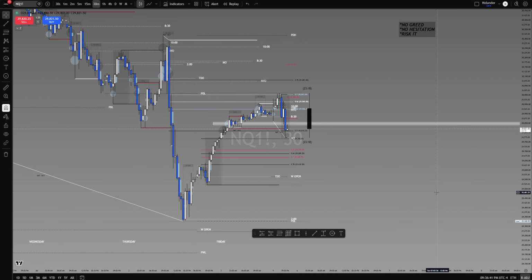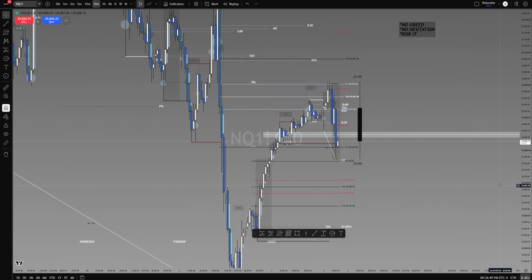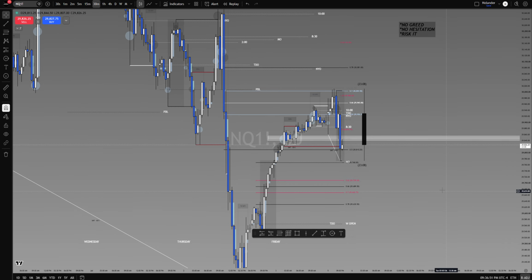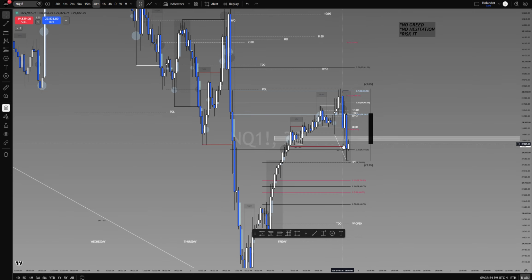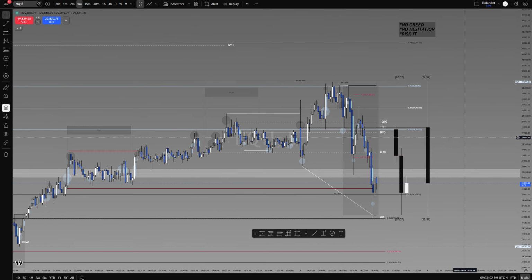So you can have a specific price all you want in this market, but if it doesn't align with a specific timing in the market, you're not going to get the type of delivery that you want to see, whether you were targeting lower or higher swing points. Market would fool you at that time.